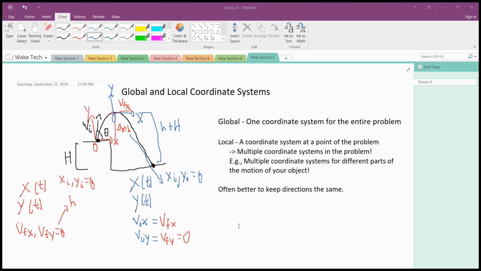Local coordinate systems are useful, but as you can see, it required having two different sets of equations for the different parts of the motion. If you just want to have one equation for the entirety of the motion for each of your objects, then it makes more sense to use a global coordinate system.